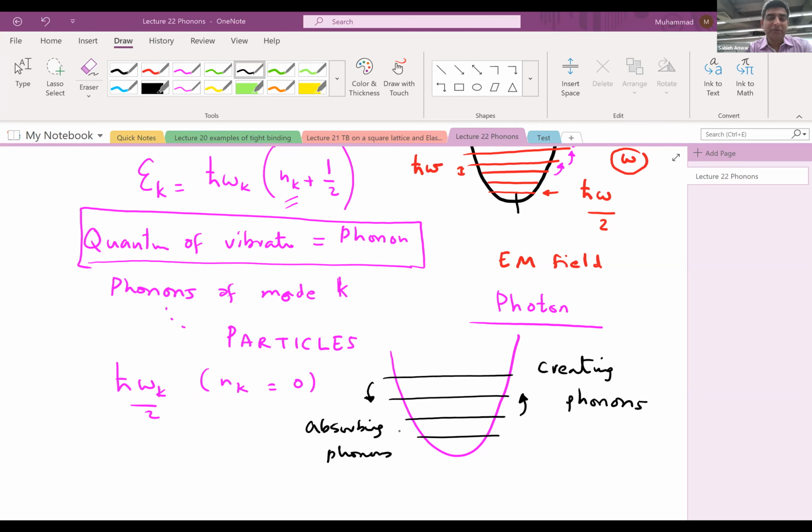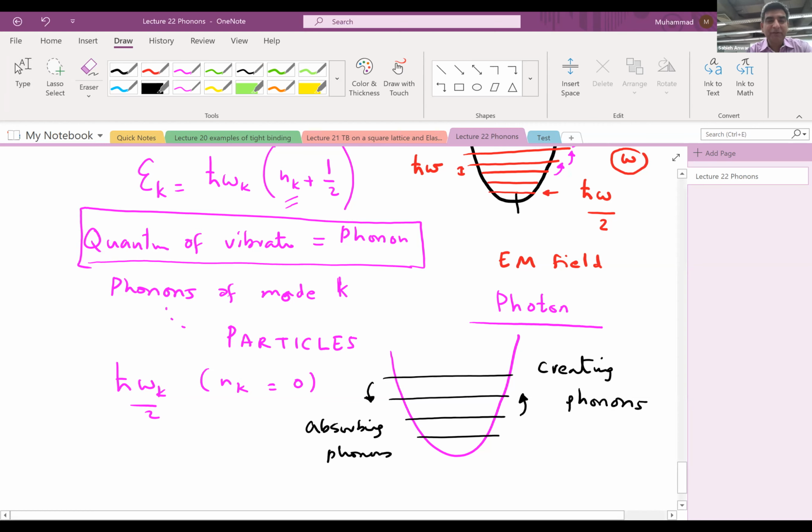So they can be treated as quasi-particles. Phonons can also be treated as quasi-particles. They can be absorbed, they can be emitted, they can interact in a scattering experiment with other objects, with other photons, or with other neutrons, with X-rays, and so on.